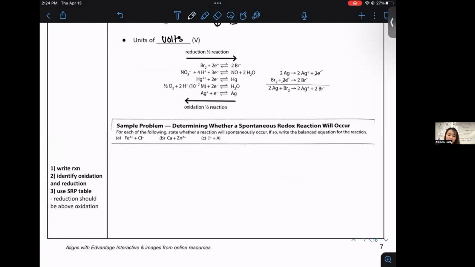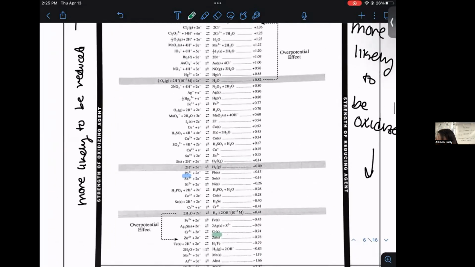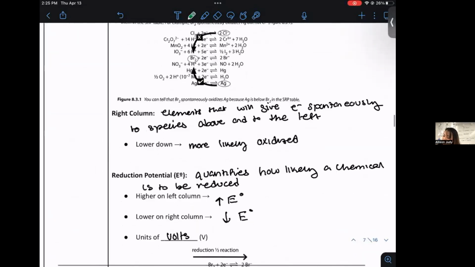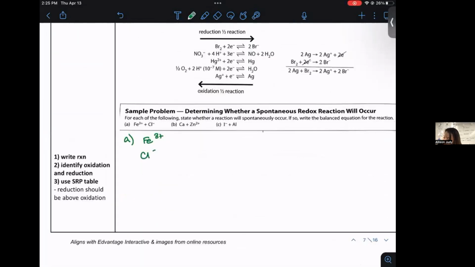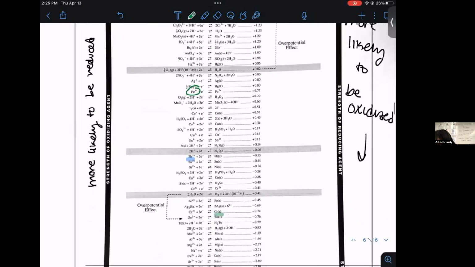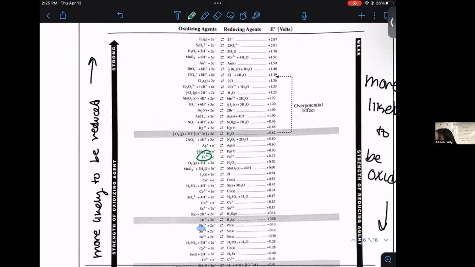So what we have here is A, iron 3 plus, which is located on this table right here. Then we have it partnered with chlorine minus, which is located on this table up here.